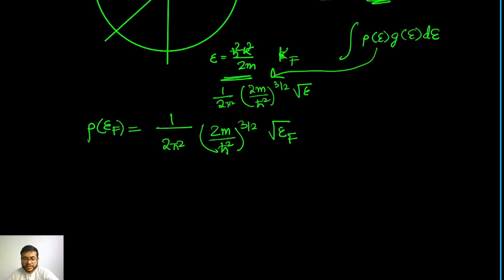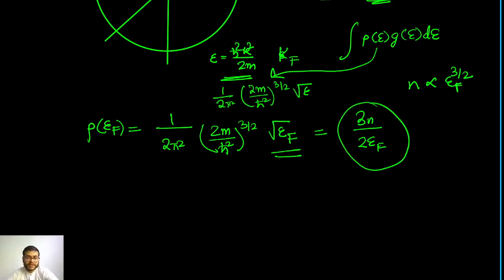Let's see how to write this. It would be 3n by 2EF. So it is inversely proportional to EF, not in the general sense, because this n also depends on EF. It is more or less how n depends on EF to the power 3 by 2. So it is proportional to the root of EF, but we can also represent it like this.